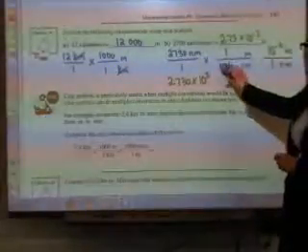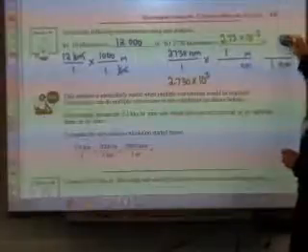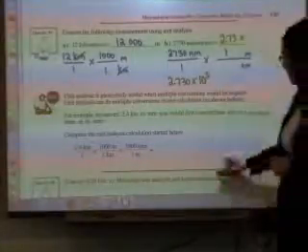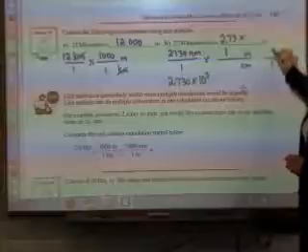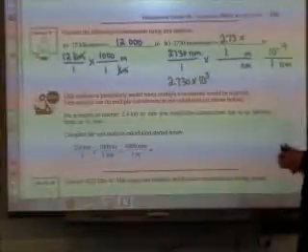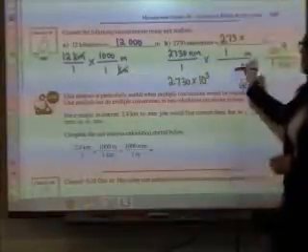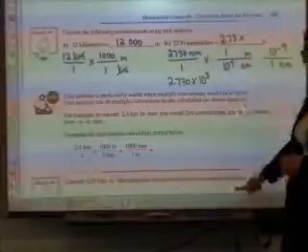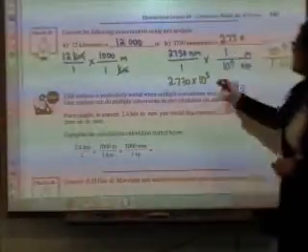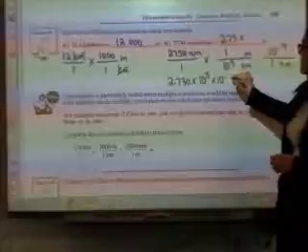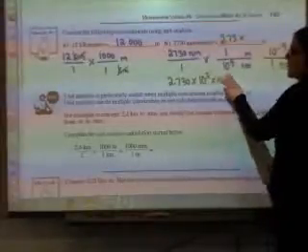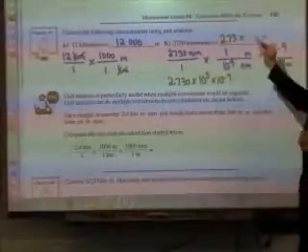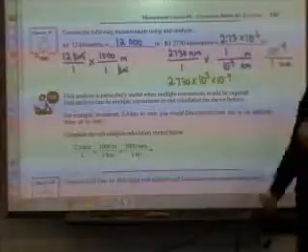Okay. So this would be 10 to the negative 9, or 10 to the positive 9 if I put it on the bottom. So now when I add the exponents, 3 plus negative 9, negative 6. That's better.